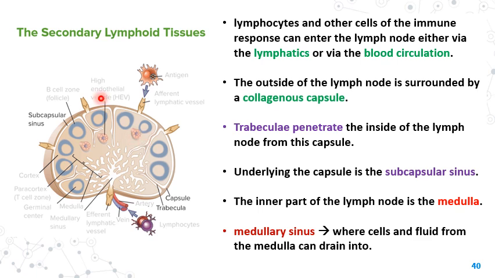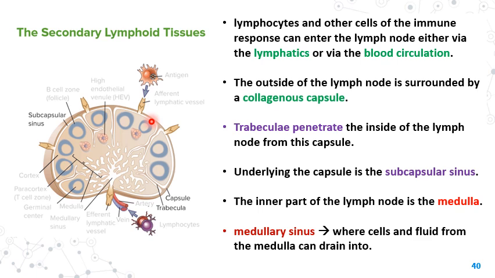Okay, so looking at the lymph node, you're going to have this hard capsule, and this is called a collagenous capsule, so it's a tough capsule. And the tissue that makes the capsule extends to the inside of the lymph node, and this is what you call the trabecula. So the trabecula is going to subdivide this lymph node into things that look like pizza slices. Okay, so pizza slices here, the little trabecula.